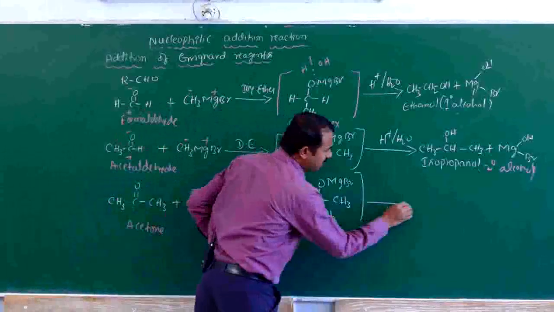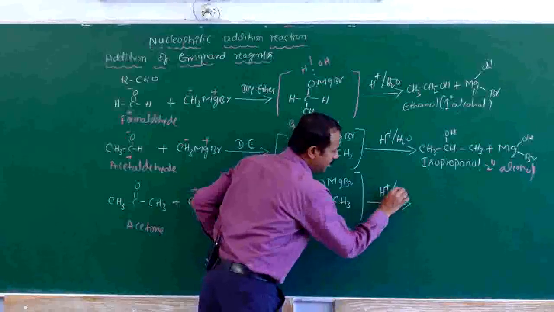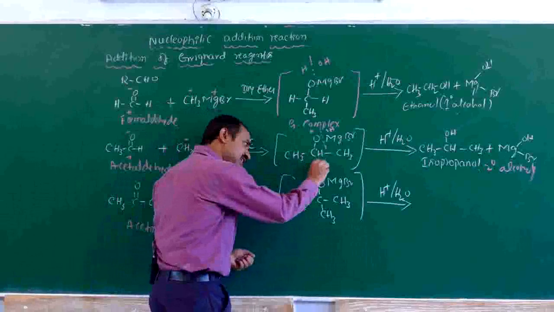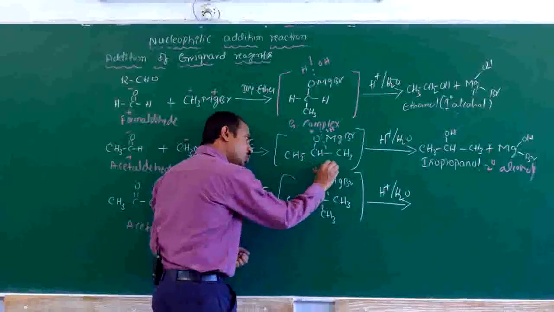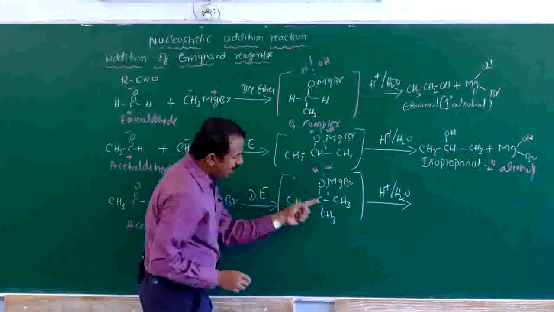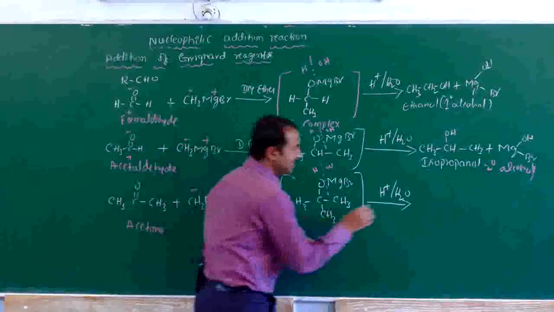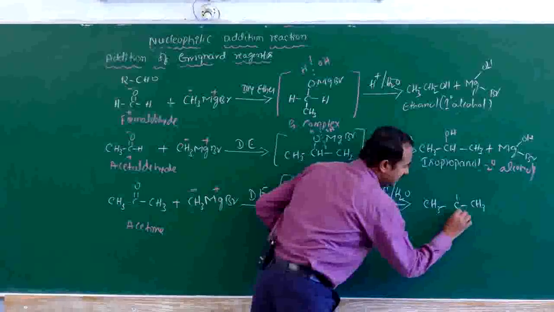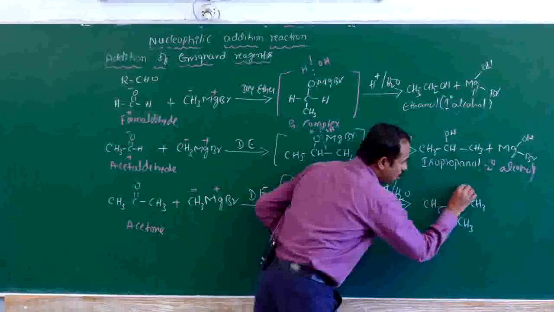When the Grignard complex undergoes acid hydrolysis with water, H2O, it gives (CH3)3COH.